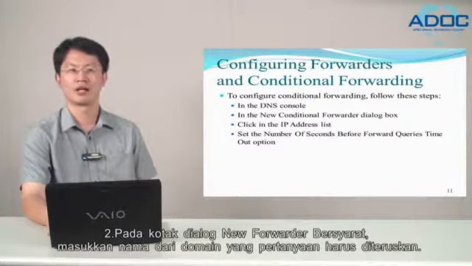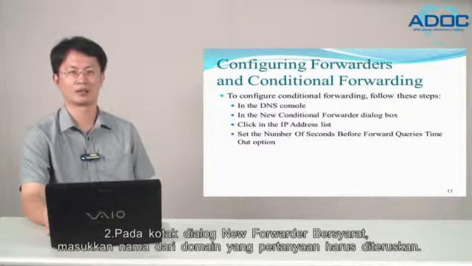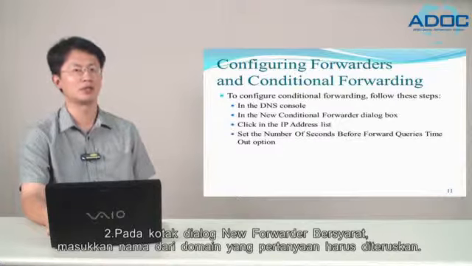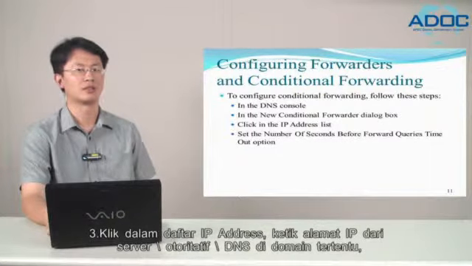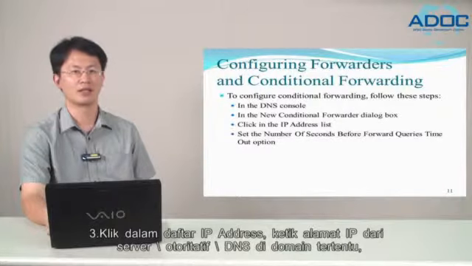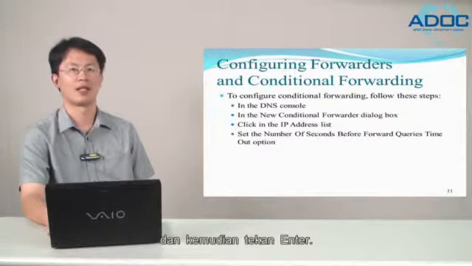Second, in the New Conditional Forwarder dialog box, enter the name of the domain to which queries should be forwarded. Third, click in the IP address list. Type the IP address of an authoritative DNS server in the specified domain, and then press Enter.